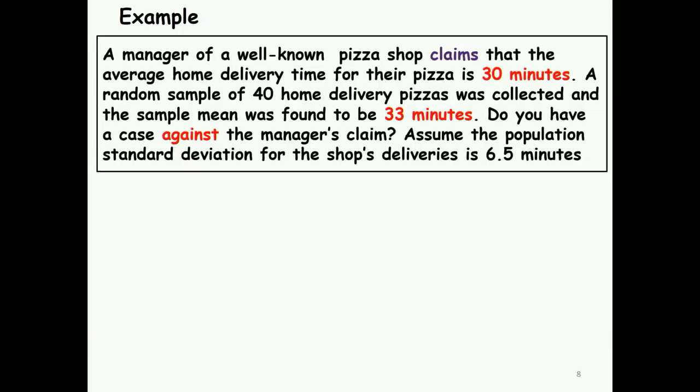Let's take one example. A manager of a well-known pizza shop claims, because he doesn't know the population mean, that the average home delivery time for their pizza is 30 minutes.